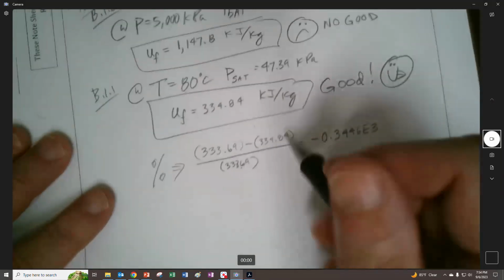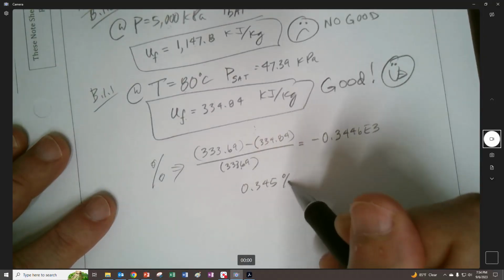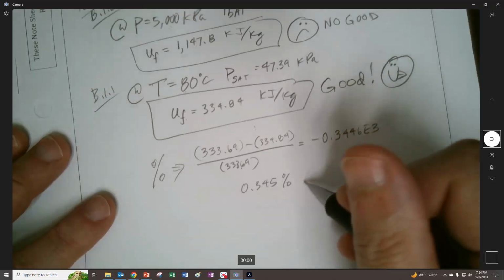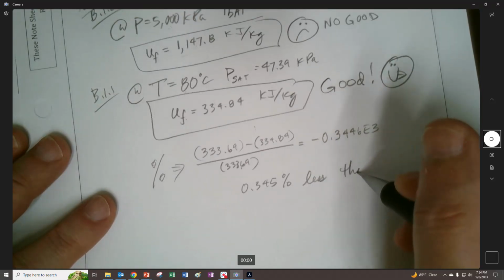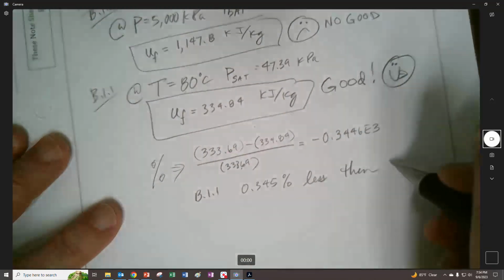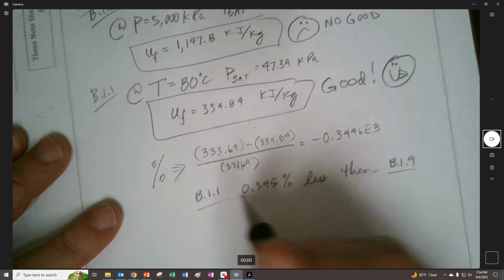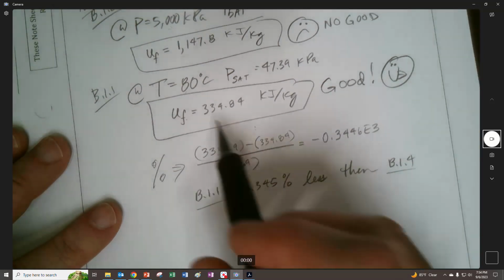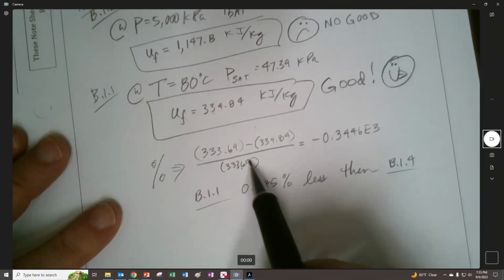Anyway, I think I got that right. 0.345% less than, or we could say that B.1.1 is less than B.1.4. Maybe that's one way of saying it, right? Because this one is less than that one. That's with the negative, and we're making a comparison to this.